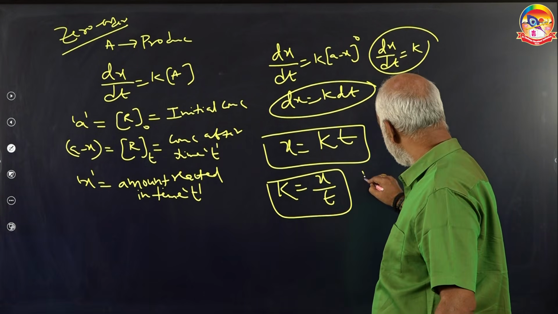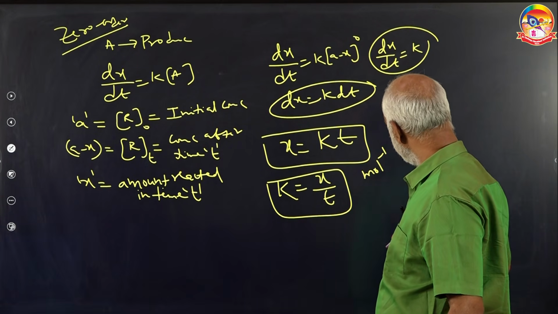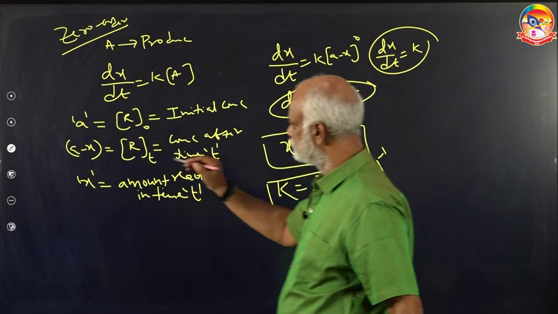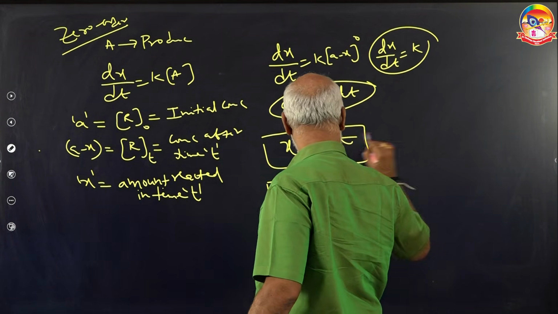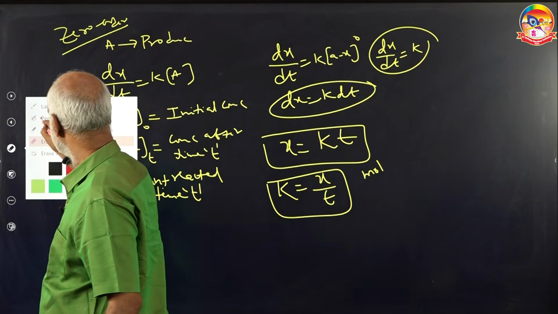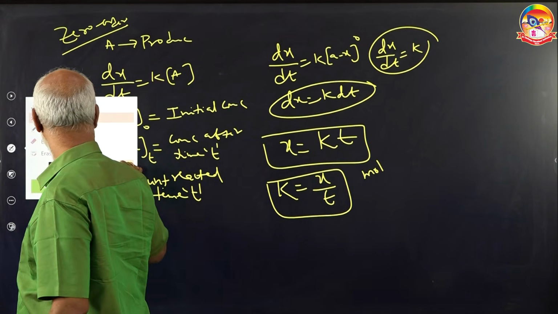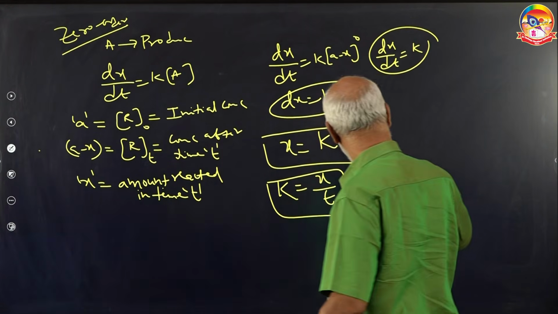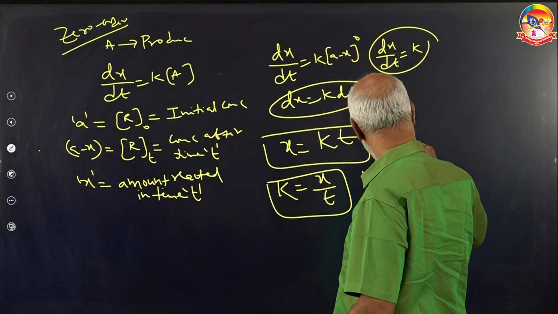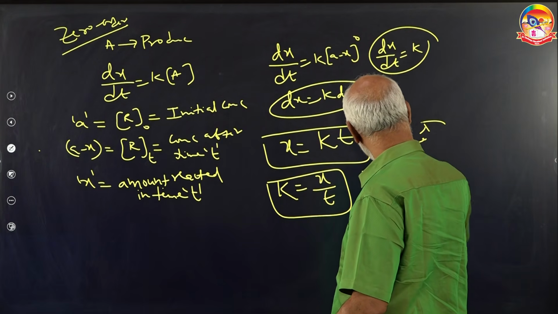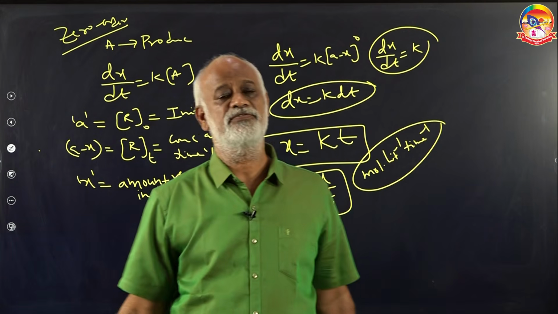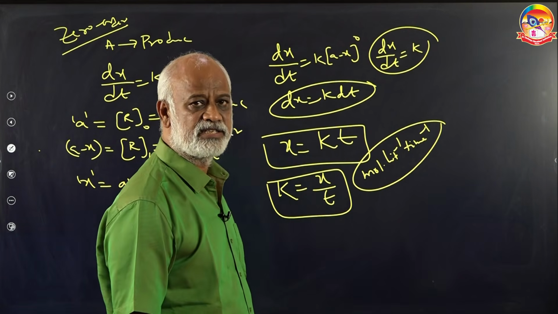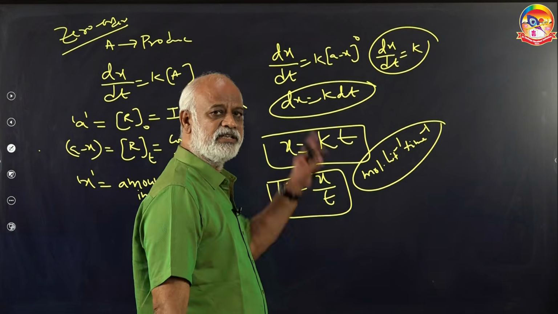What are the units? Mole liter inverse, time inverse. You can see these are the units of rate only. Wherever the rate constant of a zero order reaction has the same units as that of rate, then you can say this.